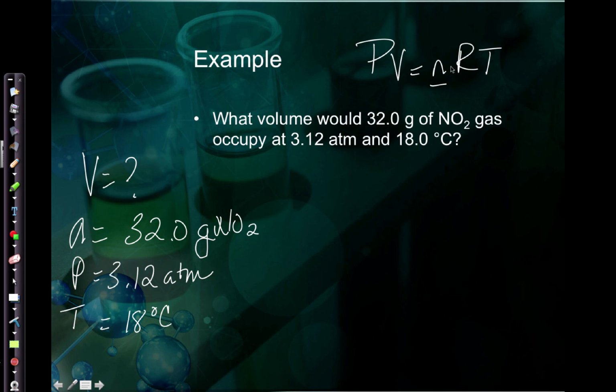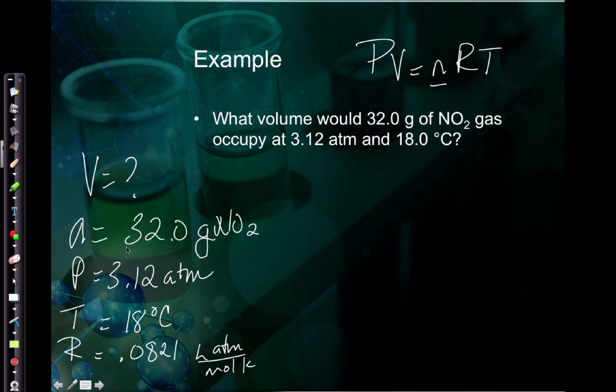I'm just looking for a variable here. Nothing is changing, so I know I'm going to be using the ideal gas law, PV equals nRT. R is a constant. It's always this number. I have to make sure all my units match R. As soon as they match, I can plug it in the equation.